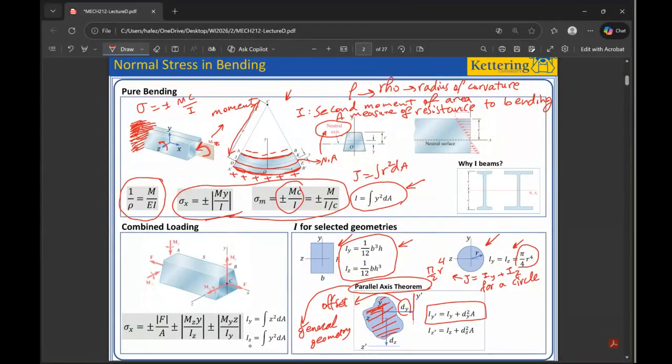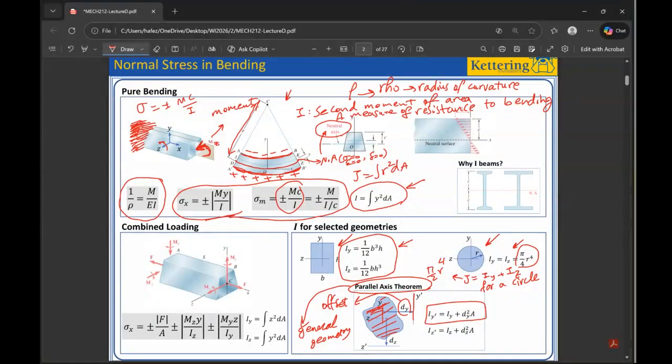On this face, there's no stress, no strain, no deformation delta. It remains inextensible. Slightly above is negative, slightly below is positive. And of course, if I reverse the load from counterclockwise to clockwise, then everything reverses.